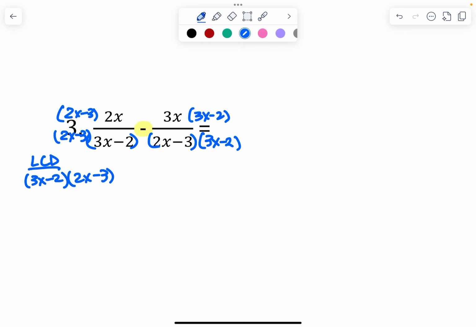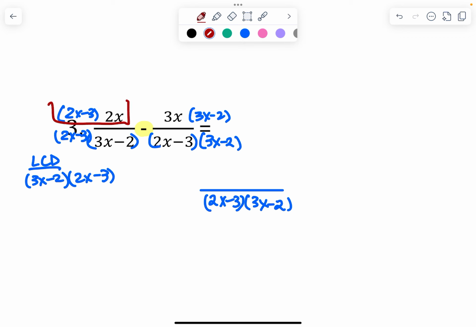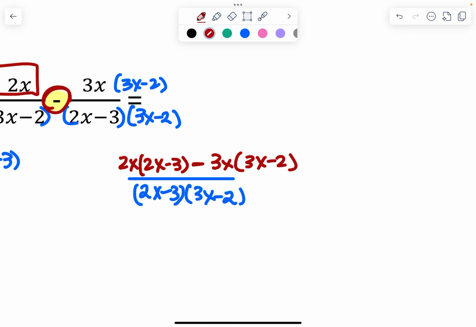So now both fractions have the denominator 2x minus 3 and 3x minus 2. And so this first numerator is going to have a 2x being distributed to the 2x minus 3. I like to write it in front. And then this minus sign. And then we have a 3x that's going to be distributed to a 3x minus 2.